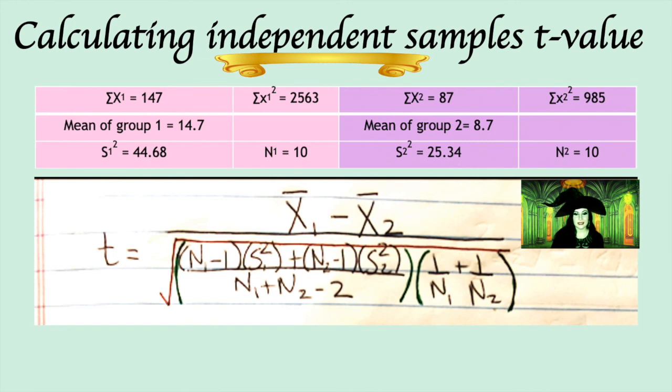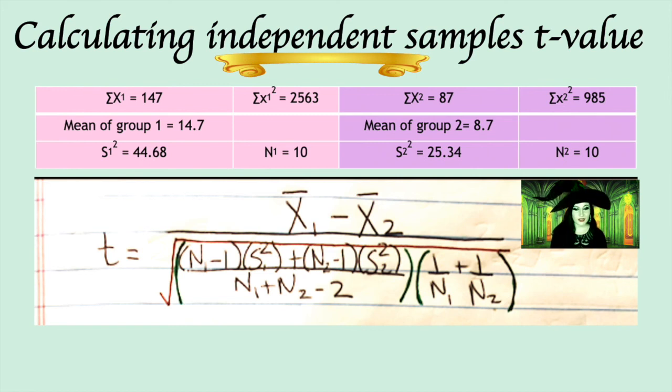And we're going to multiply 9 by the variance of group 1, which is 44.68. After you've gotten this product, you're going to add it to the sample size of group 2 minus 1, which will also be 9 because we also had 10 people in the second sample. And we're going to multiply that by the variance of sample 2, which in this case is 25.34.